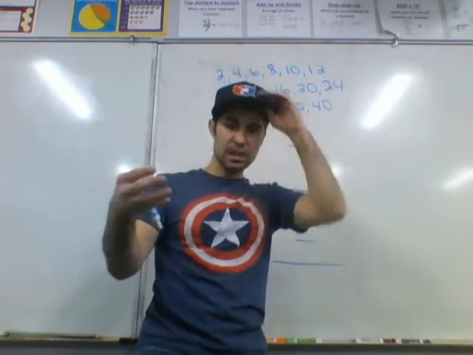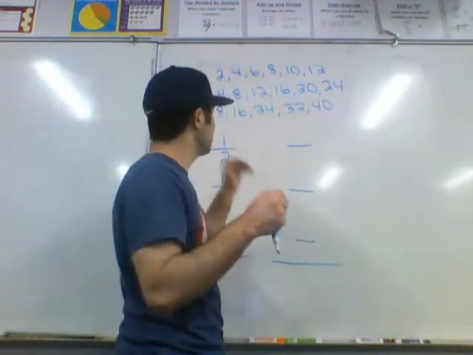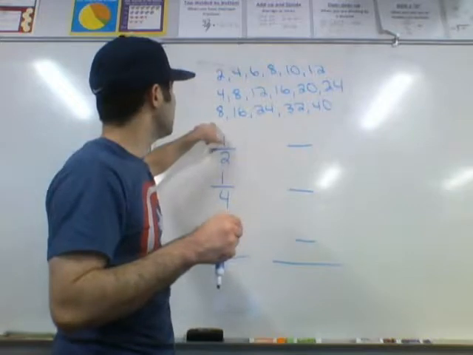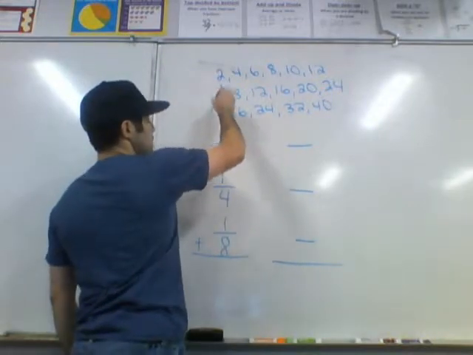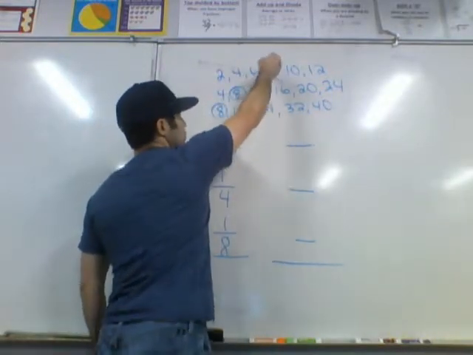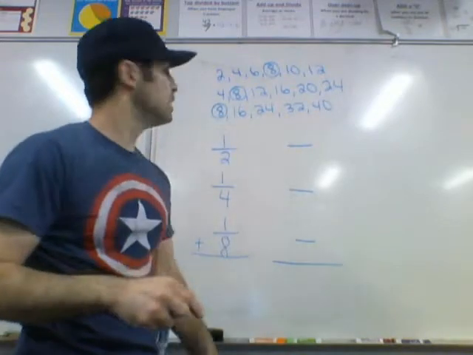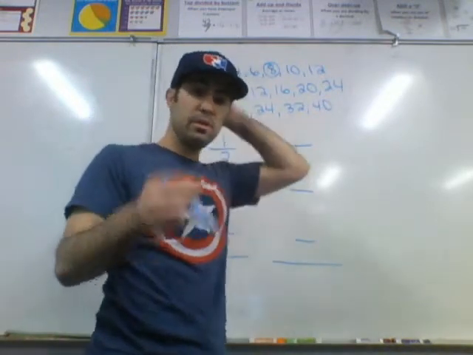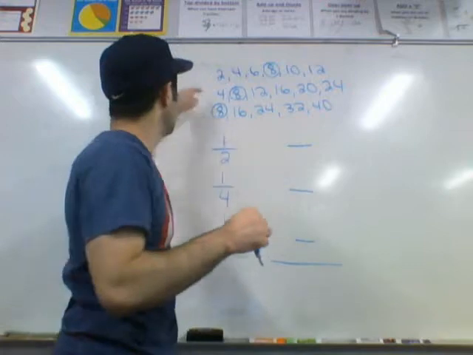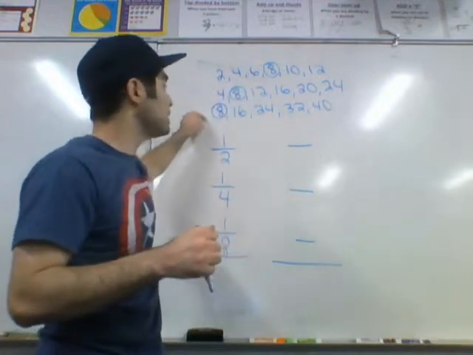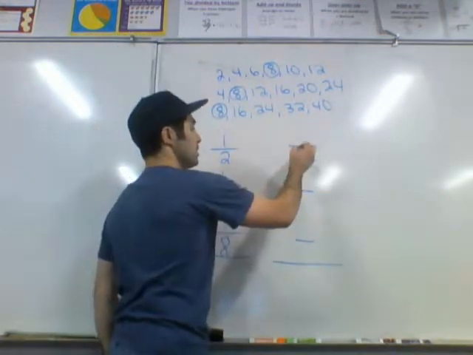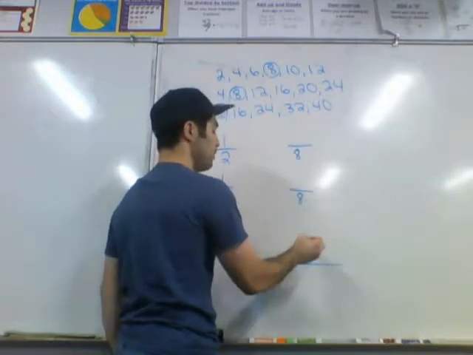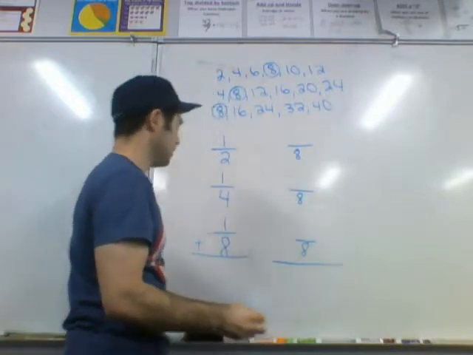We want the least common multiple. They call it the LCM. In this case, it's going to be 8, because 8 is a multiple of all 3 numbers, and it's the smallest multiple that each number has in common. So 8 is going to be our common denominator. Then you do this whole thing.